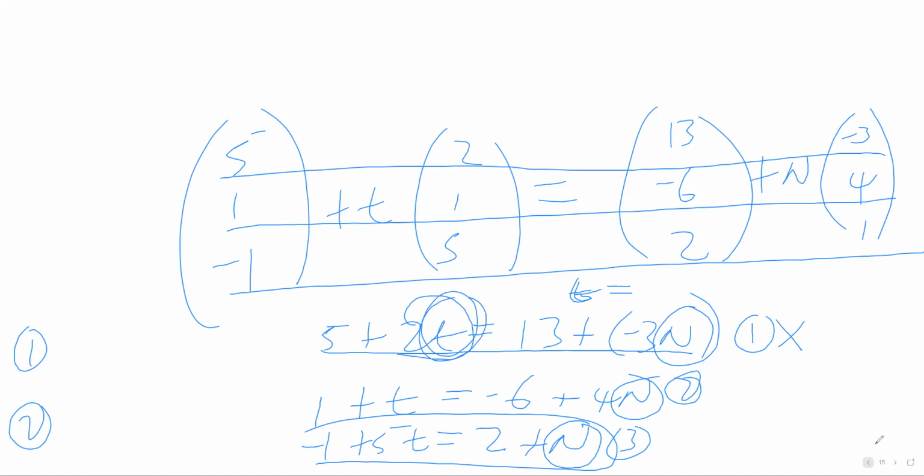After you make T the subject, you substitute that T in equation two and also in equation three, so that you just end up with equation two and equation three that you solve simultaneously. Then you find the values of T and the values of mu. I hope that's clear. So that's actually a task I'm giving you guys.